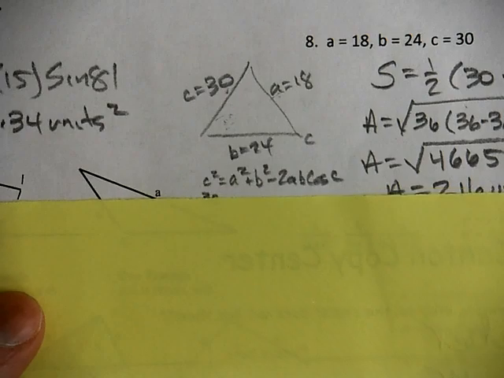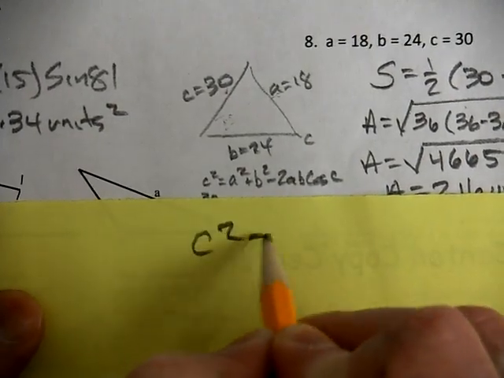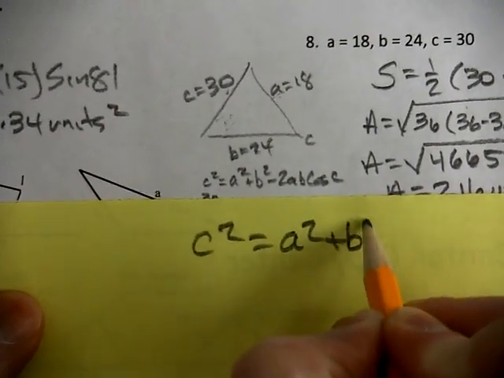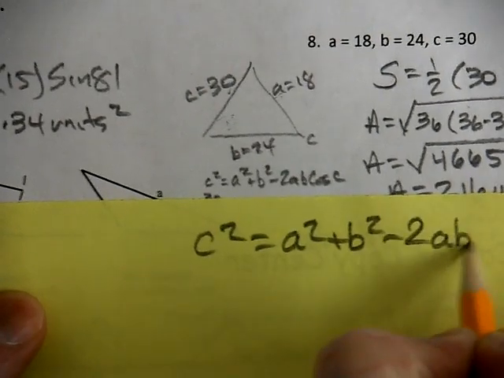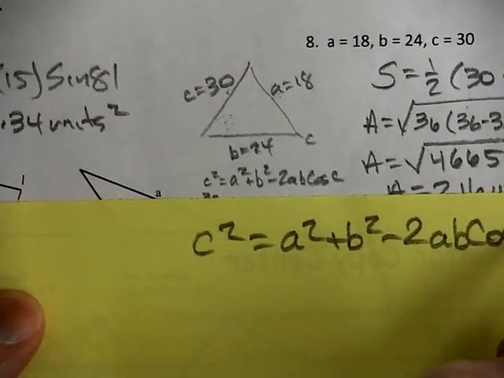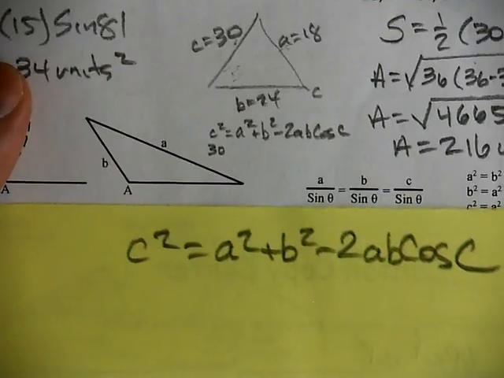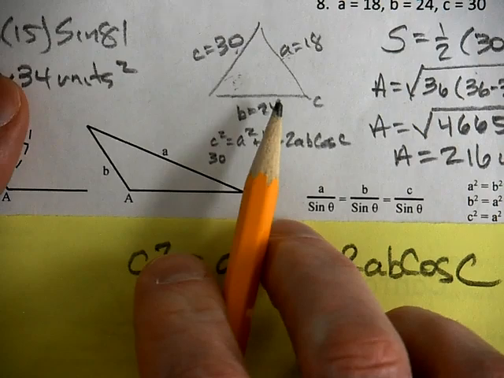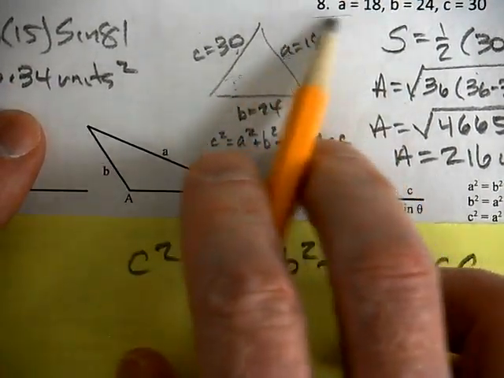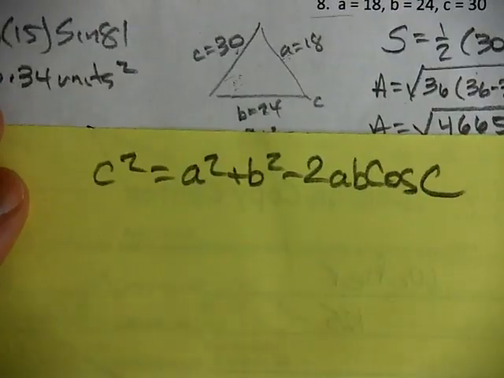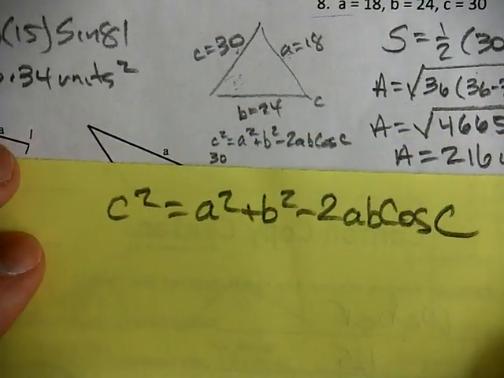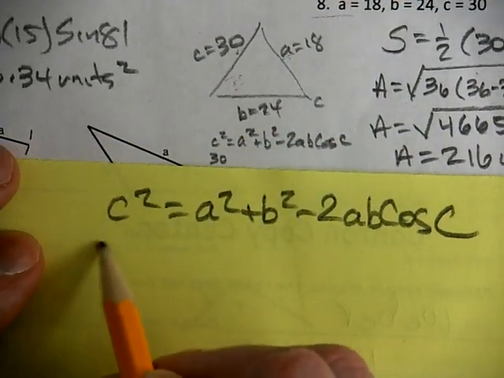Okay, let me do this for you. Just want to be sure that we get some representation of what we're doing with law of cosines. Okay, maybe you would pause the video and try it out yourself. We're going to find the angle value of this triangle that we had in number 8. So we plug in our numbers.